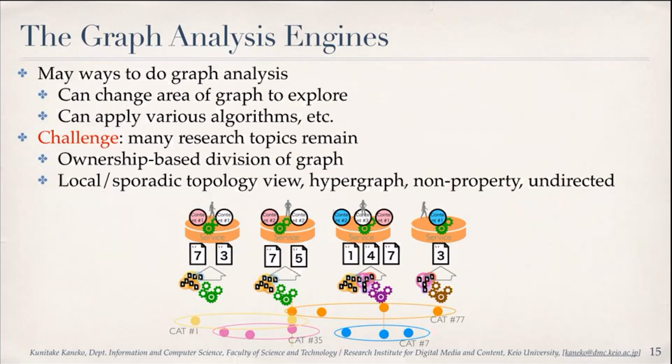However, I said that the catalog and budget file have ownership, and they are located at different locations. So it's very hard to get them together, right? So the ownership-based division of the graph is another thing to think about.